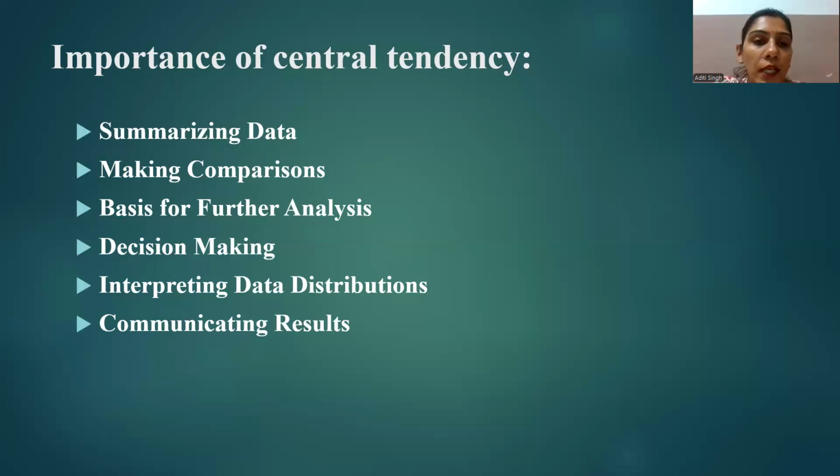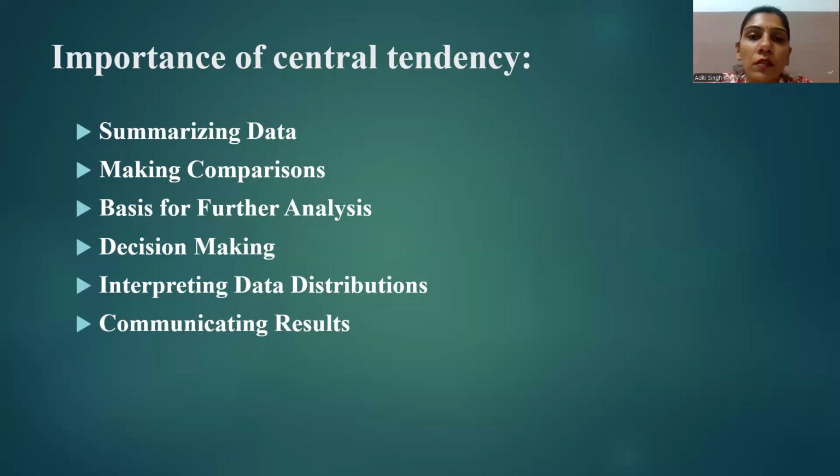Next point is making comparisons. Central tendency allows for comparisons between different groups or data sets. By calculating and comparing the mean, median, or mode of different groups, researchers can identify the pattern, the trend, or the difference in the behavior or outcomes of a data set.